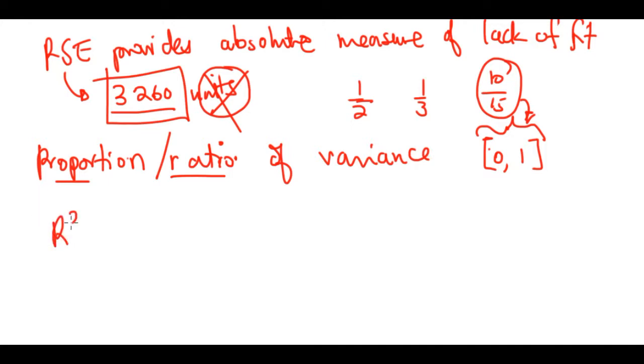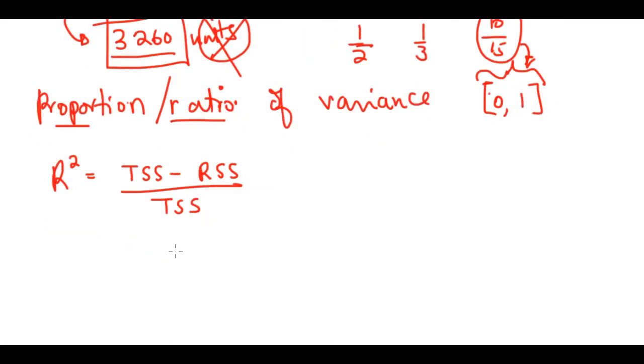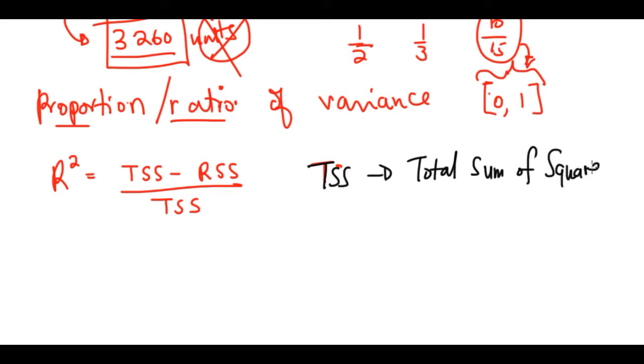It is defined like this. R squared is equal to something called TSS minus RSS over TSS. What is this TSS that I introduced now? TSS is defined as the total sum of squares, right?